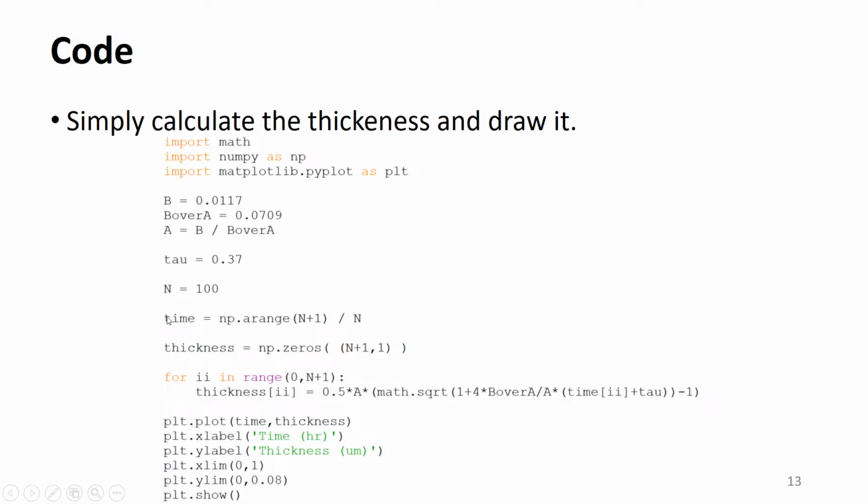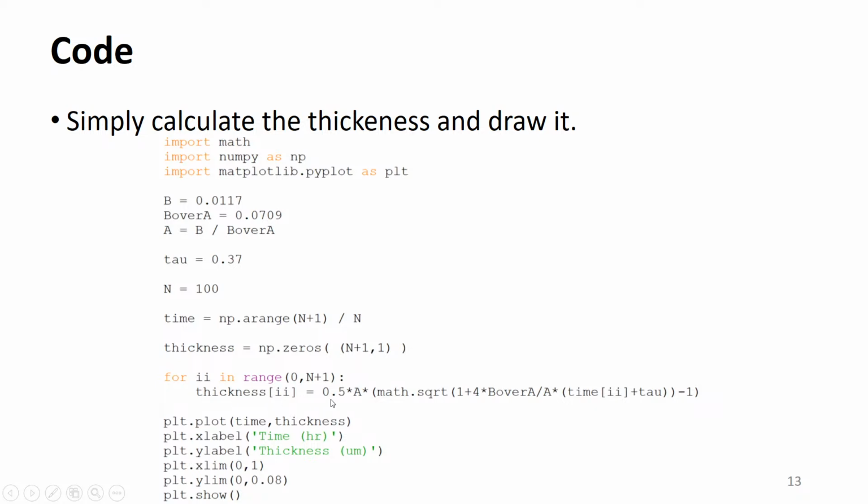After that, time is set from 0 to 1. And what do 0 and 1 mean? 0 corresponds to the initial time, and 1, in this case, is 1 hour. After that, thickness is prepared, and actually calculated.